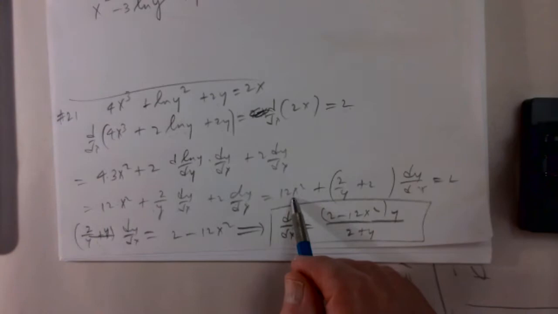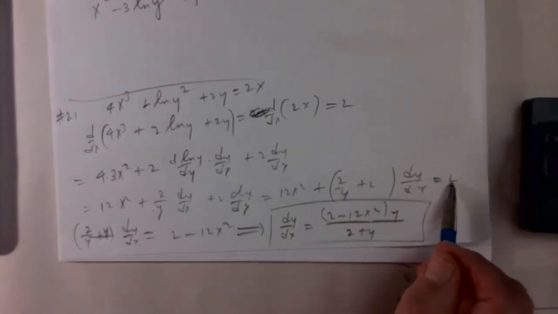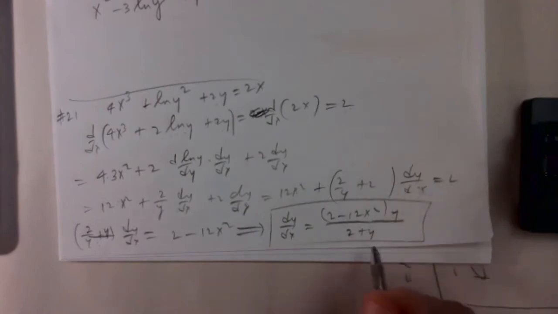So that's 12x squared plus 2 over y plus 2, times dy/dx, equals 2. Then you solve this equation for dy/dx, and that's what you get. Are there any questions about that?